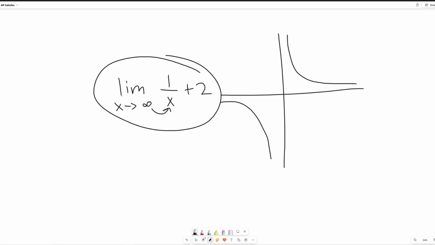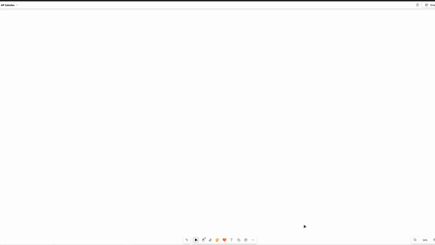The horizontal asymptote is the limit as x approaches infinity and the limit as x approaches negative infinity. So, for instance, if you have the function 2x over square root x squared, if you want to find the horizontal asymptotes of this function, well, let's look at it.